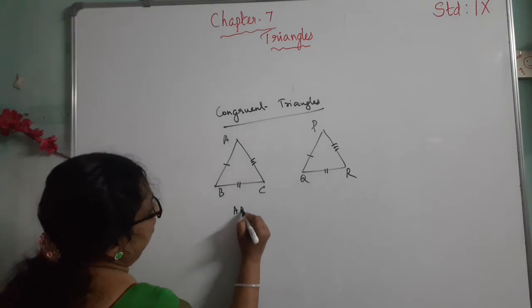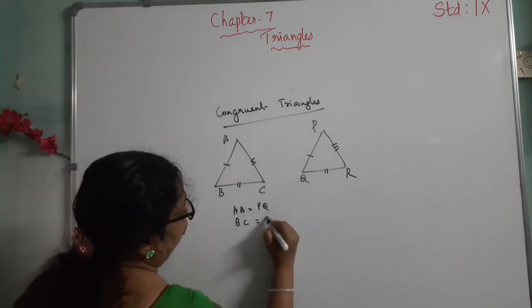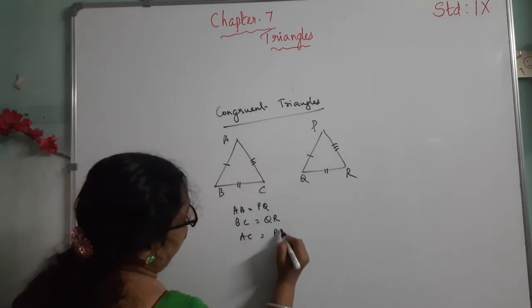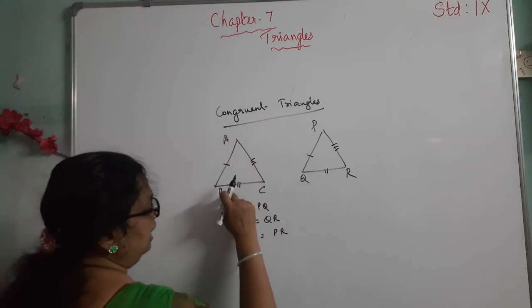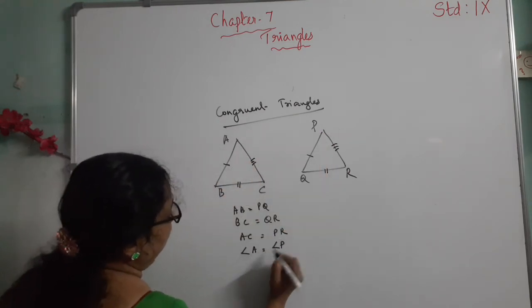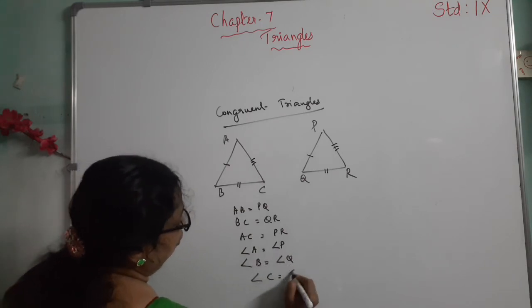So angle A equal to angle P, angle B equal to angle Q, angle C equal to angle R.